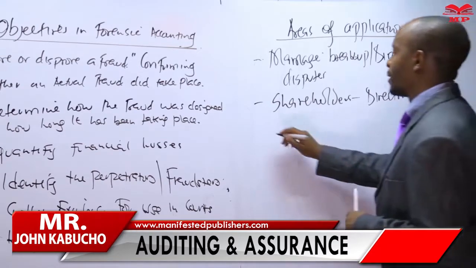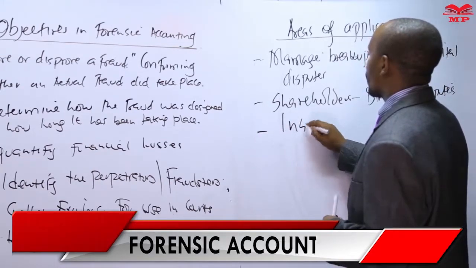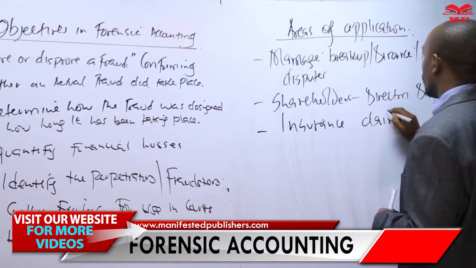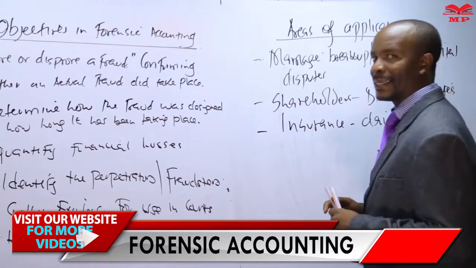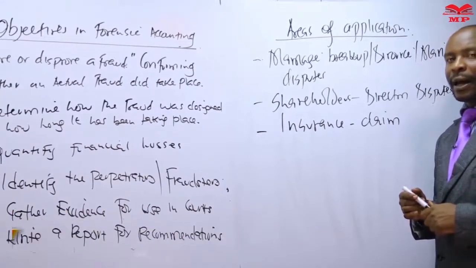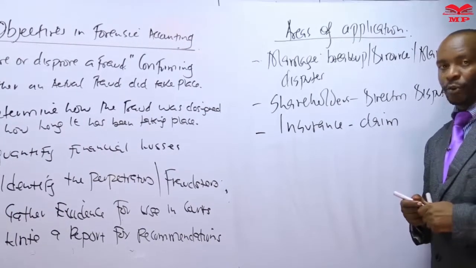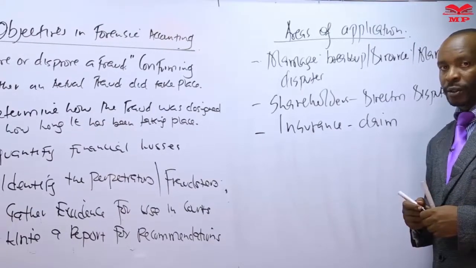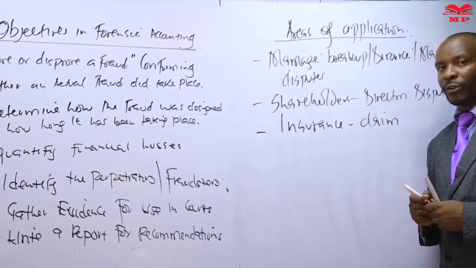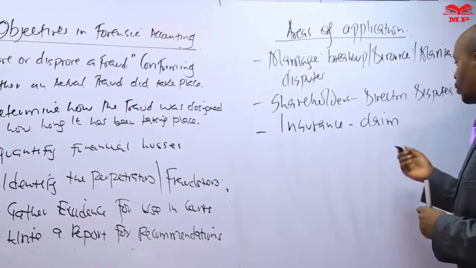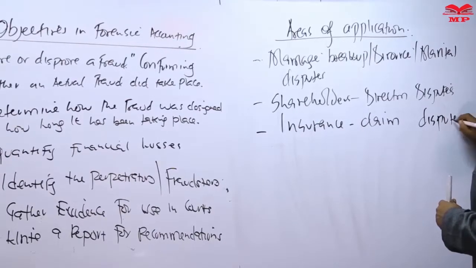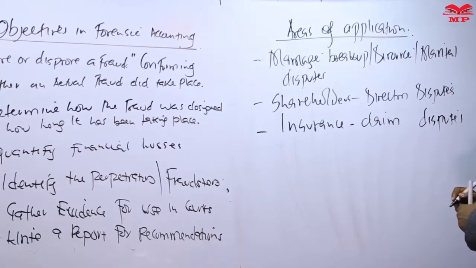Have you ever heard of a scenario where an insurance claim has a dispute? The insurance company is complaining that you're asking for so much money, and you are saying you're not. So you find yourself in the courts trying to determine how much money one should be compensated in a case of an insurance claim. Here we bring in the forensic accountant.